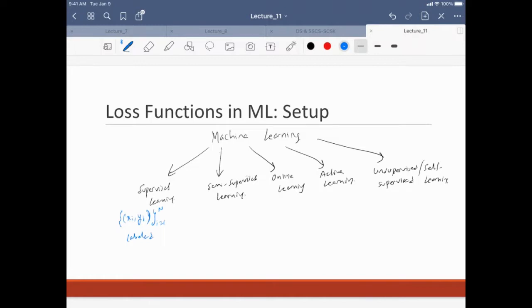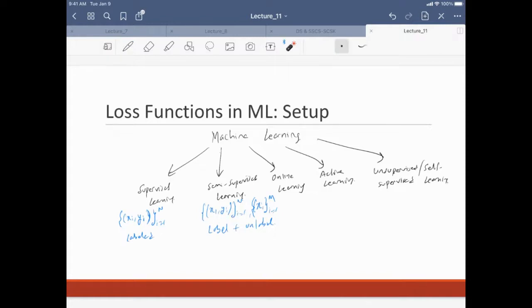Whereas in semi-supervised learning, you have some examples which have labels, and some examples which are completely unlabeled, and you want to use both in the learning.